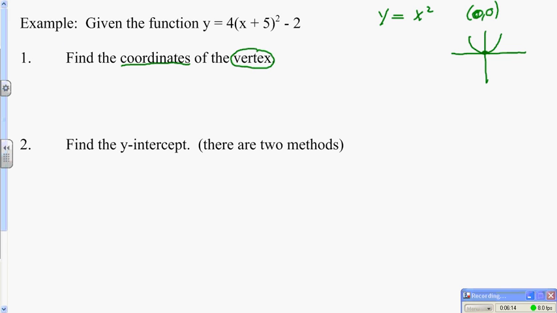This one has moved 5 units to the left and 2 units down. So 1, 2, 3, 4, 5, 1, 2. This is the new location of the vertex.